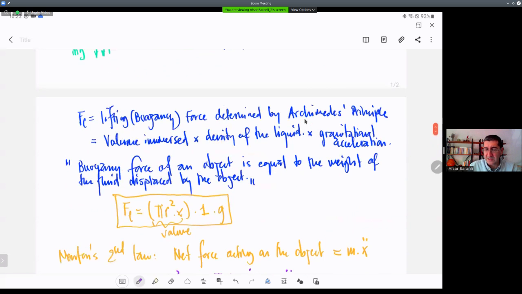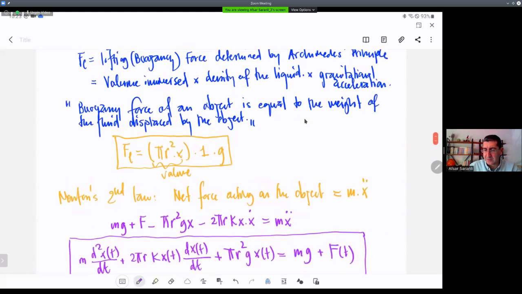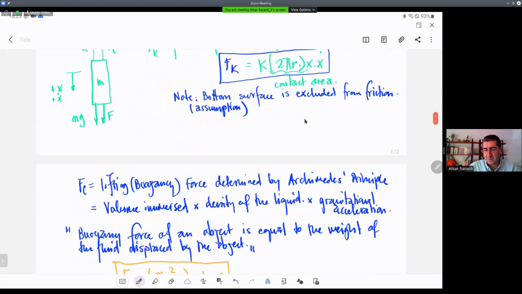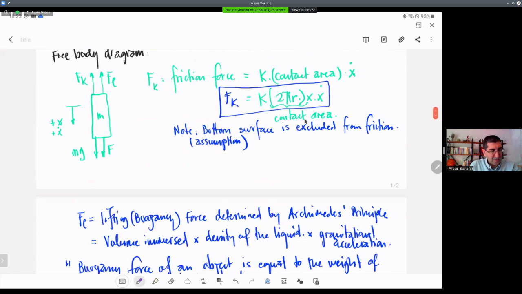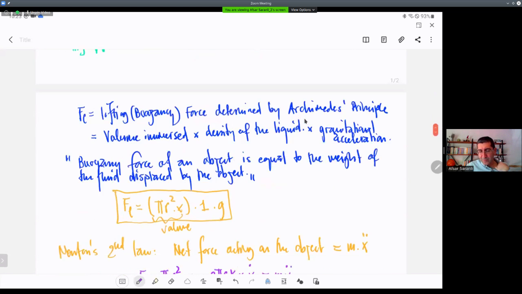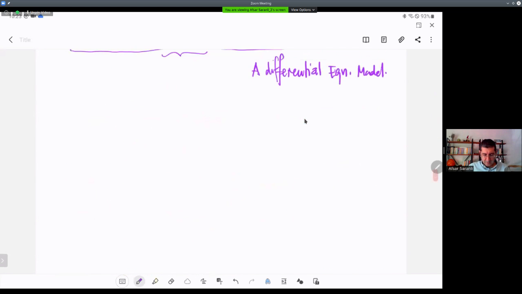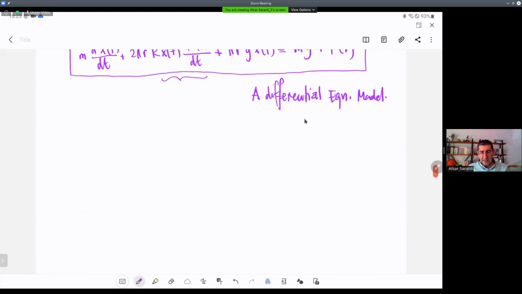So that completes this example. I have another example for you. Let's take a look at the time.